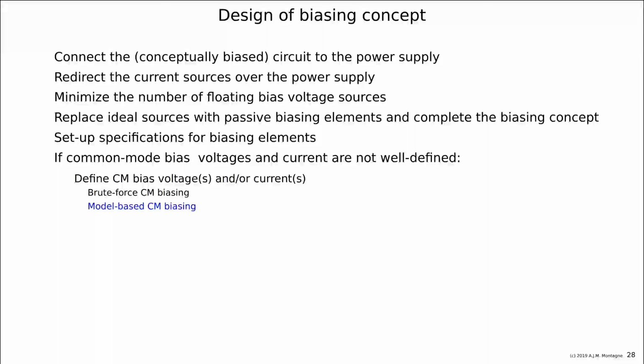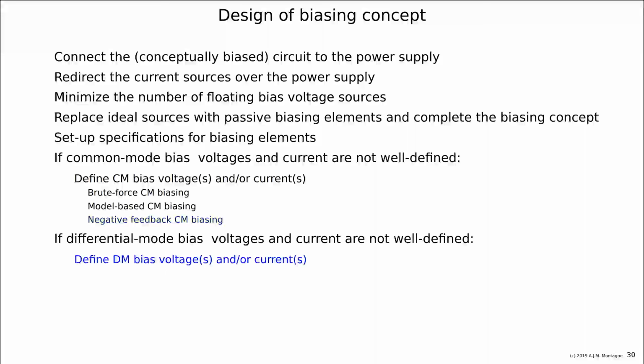Model-based common mode biasing has been discussed in the class AB push-pull stage. And we can use negative feedback common mode biasing, so measuring the common mode quantity and controlling another common mode quantity at the input of the device or also at the output to get the correct value.